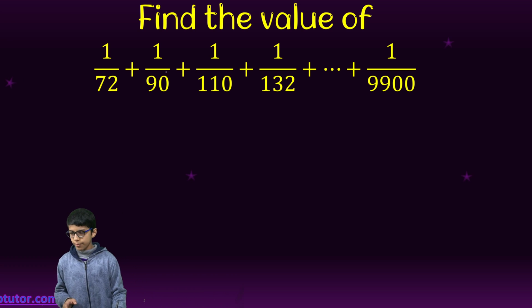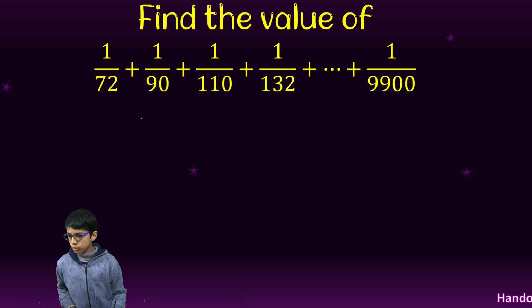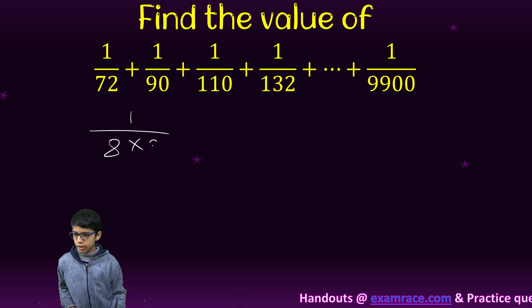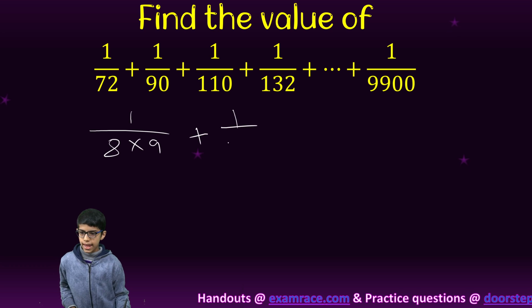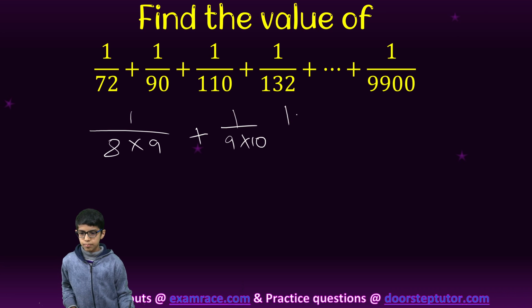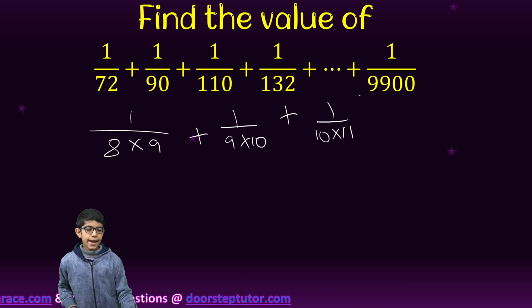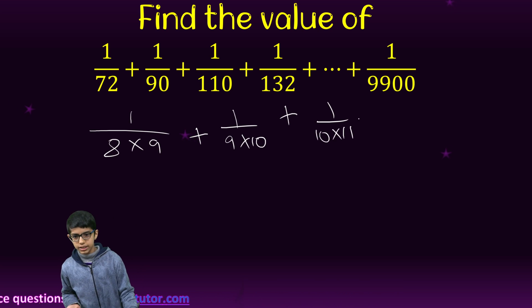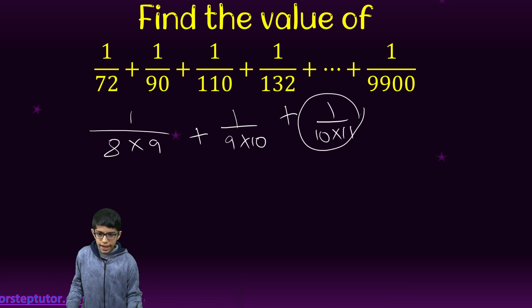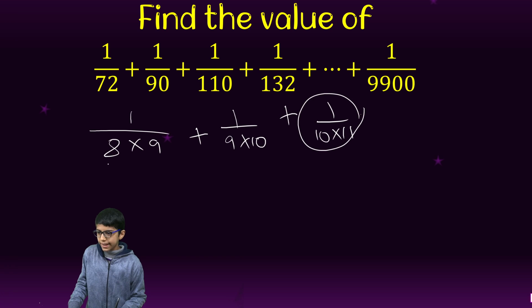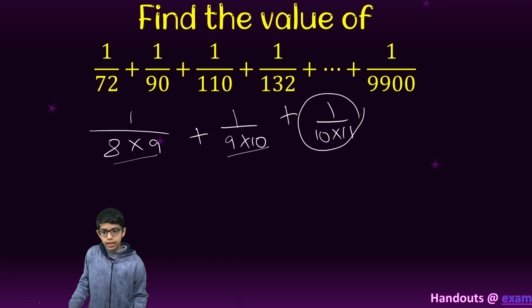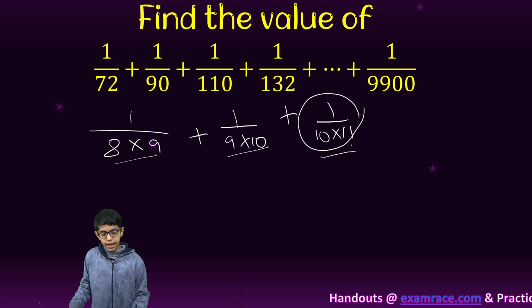So, how would we write the whole question? It would be 1 by 8 into 9 plus 1 by 9 into 10 plus 1 by 10 into 11. And if you want to write the answer in some question, you should write it as 8 into 9, then 9 into 10, then not 11 into 10. It should be 10 into 11.